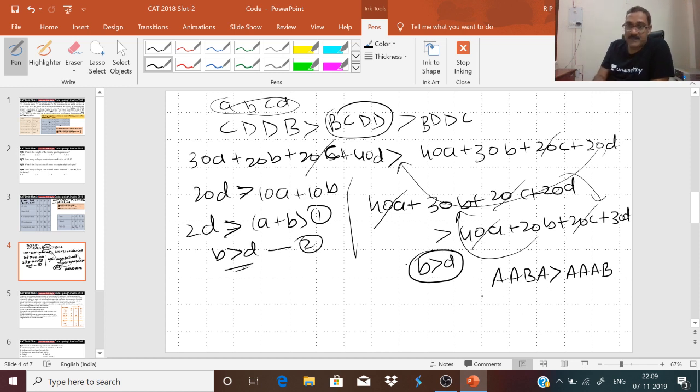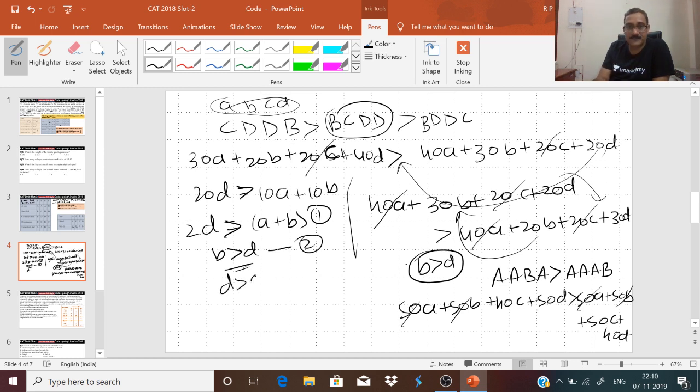So guys, A means 50, so 50 into A, it is grades according to the parameters. 50 into B, 40 into C, and 50 into D is greater than 50A, 50B, plus 50C and plus 40D. So guys, 50A, 50B both are cancelled. If I transpose C here and D here, so I will get D more than C.